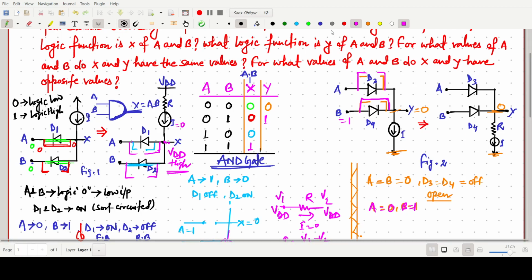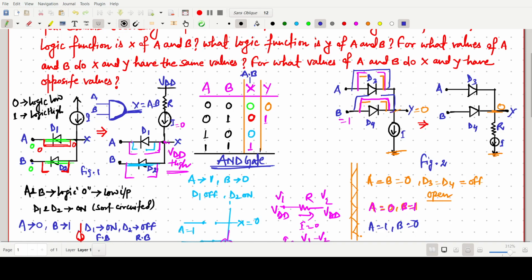Again for different A 1, B 0, A is 1, so this should be shorted and this should be open. So this A value, 1, will come directly to here. So simply one can write 1.